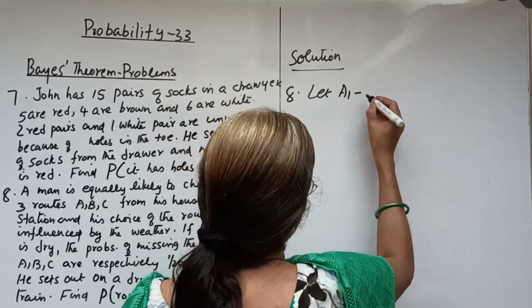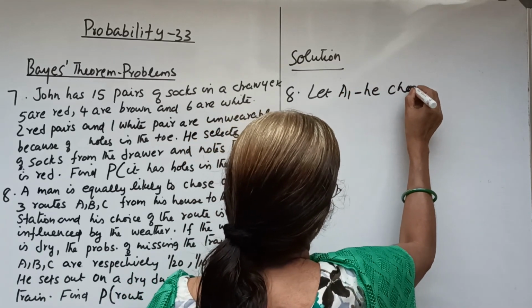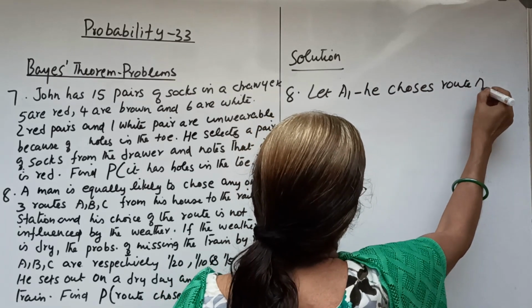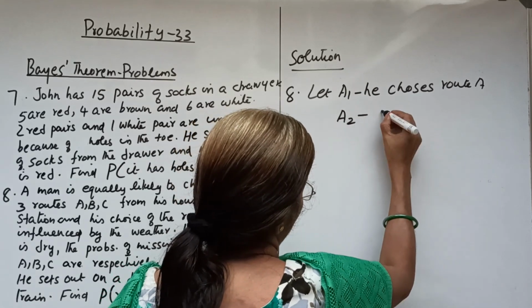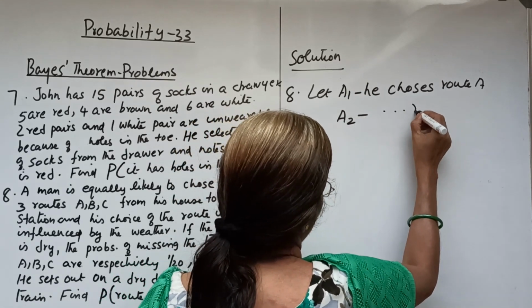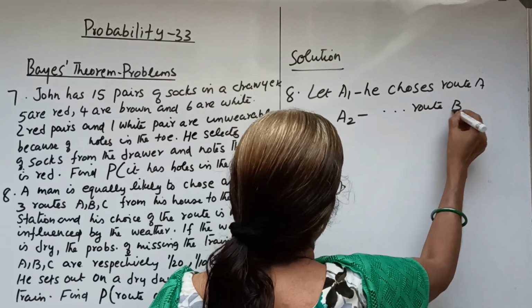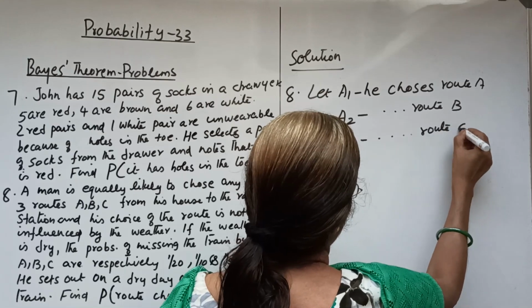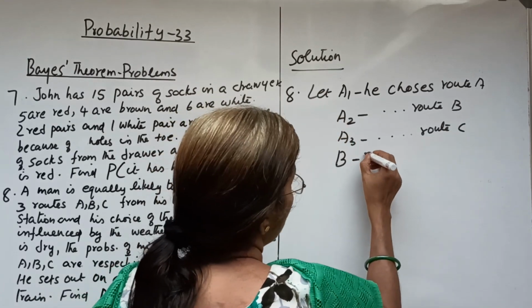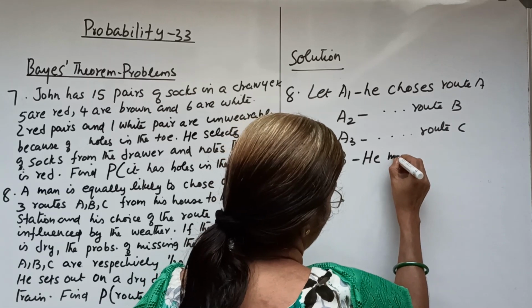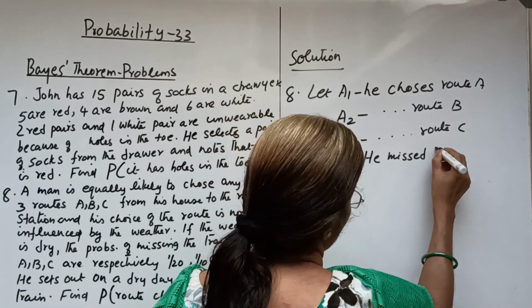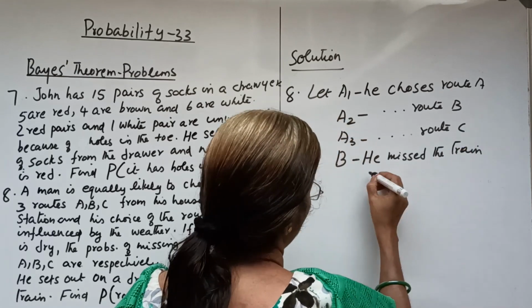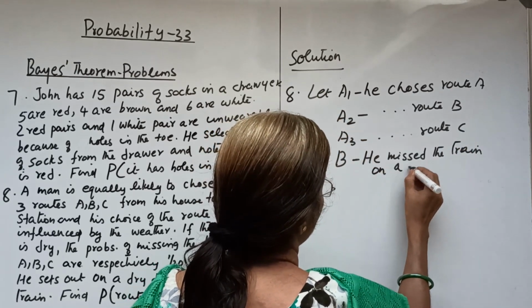Let A1, he chooses route A. A2, he chooses route B. And A3, he chooses route C. Okay, and B, he missed the train on a dry day.